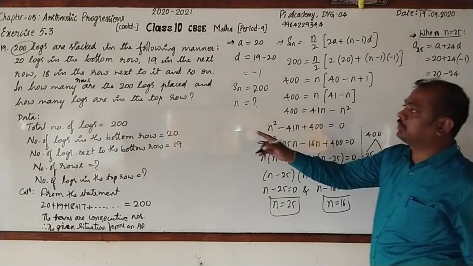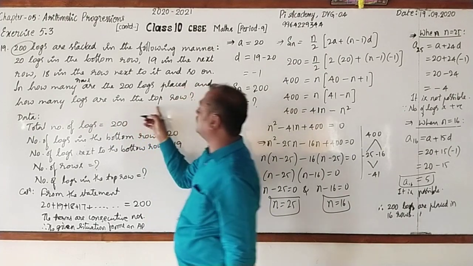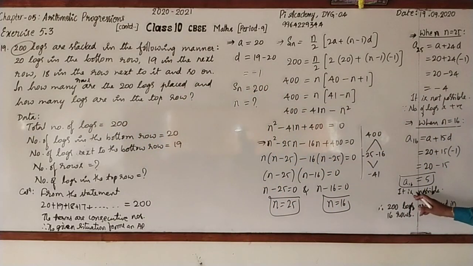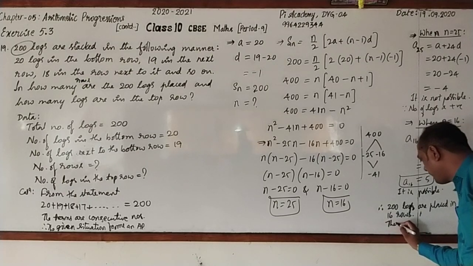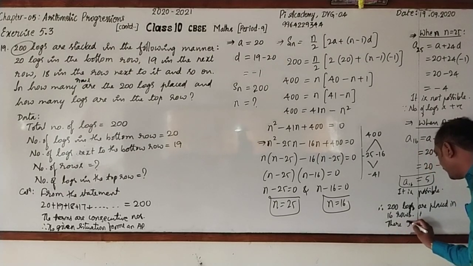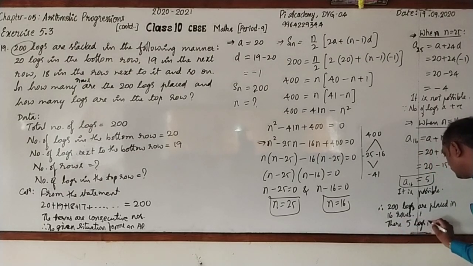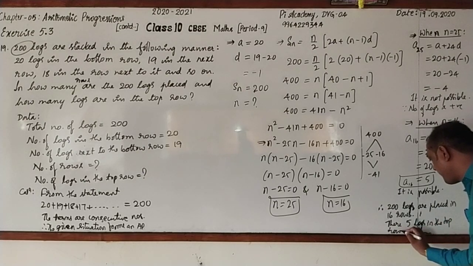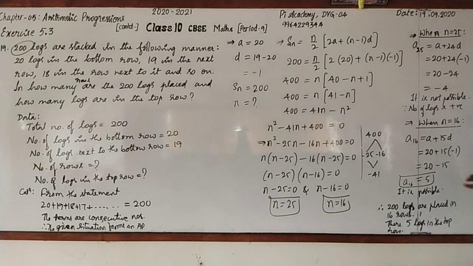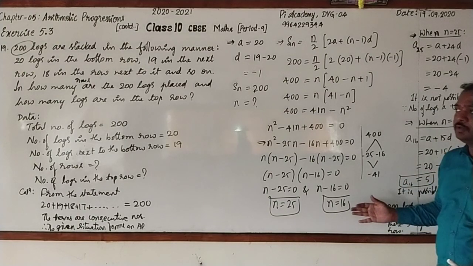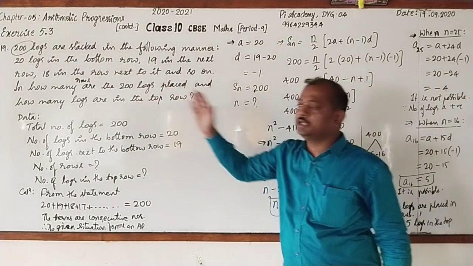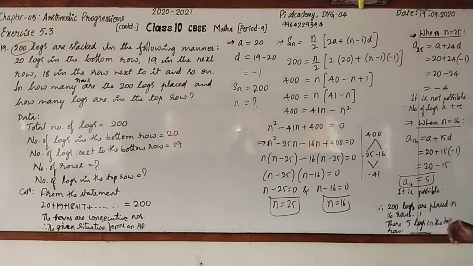Then one more: how many logs are there in the top row? The 16th row is the top row. In that, 5 are there. There are 5 logs in the top row. Clear? Yes. Hope that you have understood. Please go for copying from there to here.